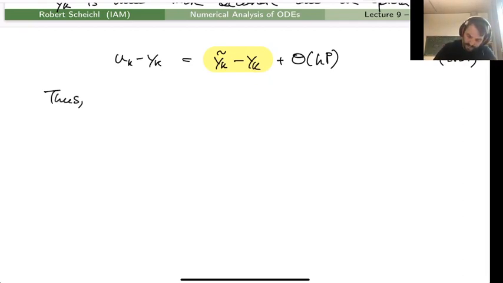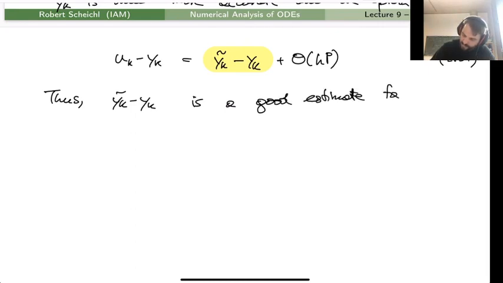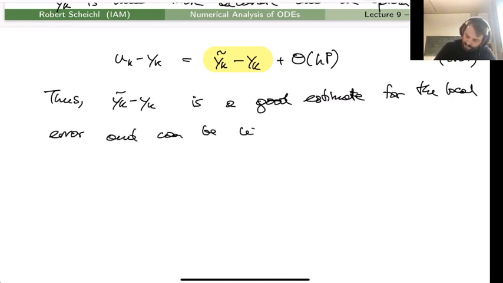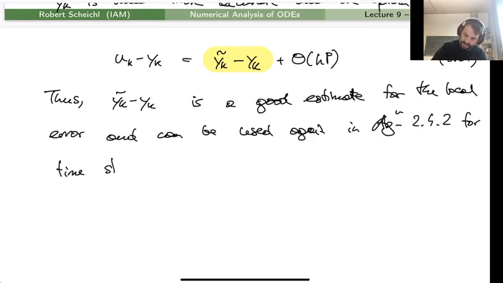Thus yk tilde minus yk is a good estimate for the local error, and can be used again in the algorithm. What's the algorithm number again? 2.4.2 for time step size control.